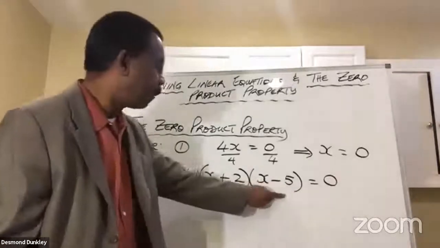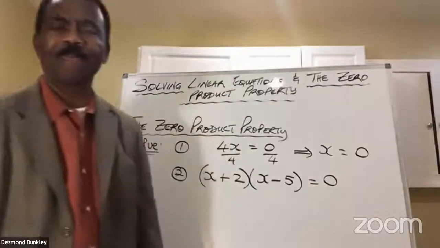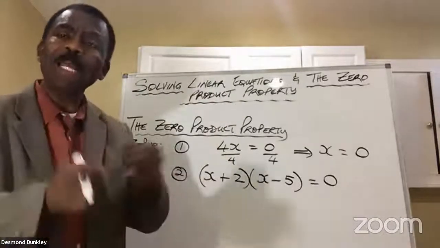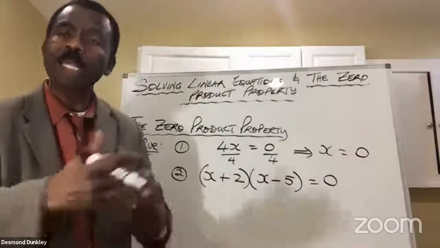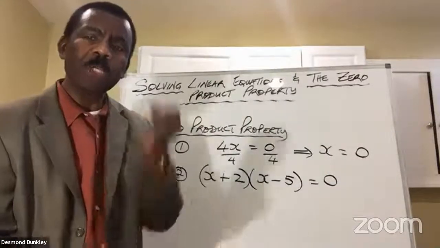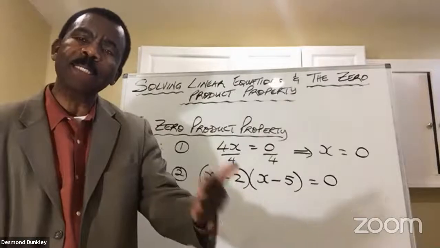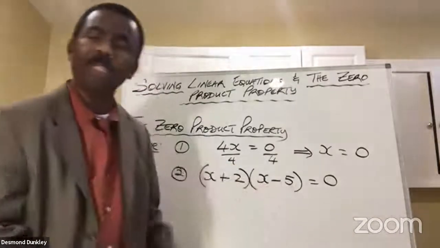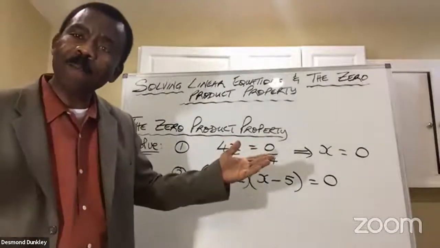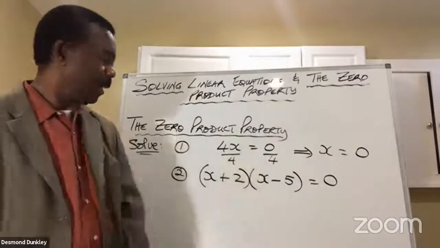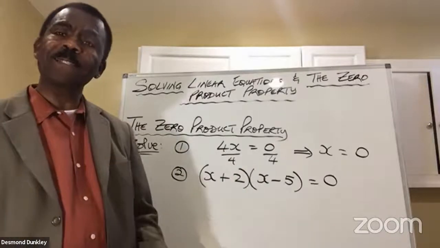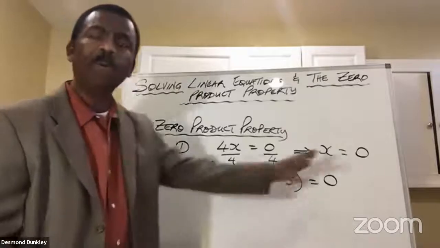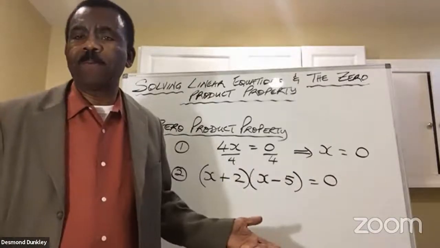Something times something equal to 0. Can I tell you a secret? A lot of students see this and right away they want to multiply this out and create a worse problem than just looking at it and using the zero product property, saying this is 0 or that is 0. And then the problem is solved. Let me go again. I give this question and a lot of students try to expand, multiply, boom, boom, boom, and all of that multiplication, and then they get confused.